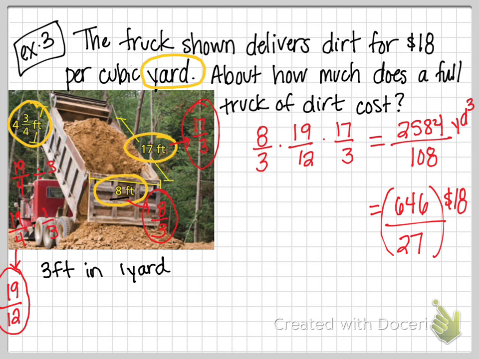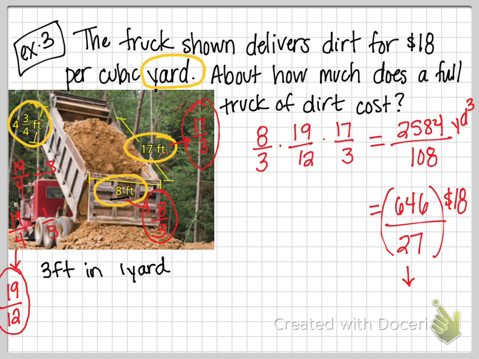Now this one, because we are talking about money, it is okay to put these into decimal form because money is done in decimals. What's 646 over 27 as a decimal? Calculate. Mia?